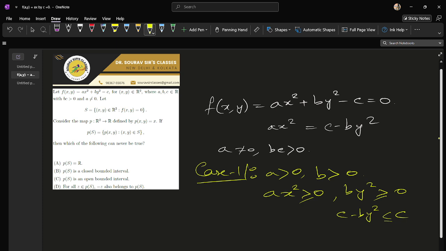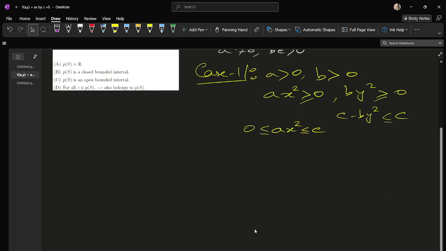Therefore, since ax² equals c minus by², we can write 0 less than or equal to ax² less than or equal to c. This implies 0 less than or equal to x² less than or equal to c by a. So we can easily see that x is bounded here.